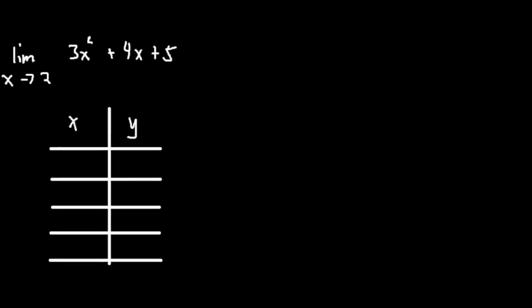Anyways, in our x column here, we need to pick values less than and greater than 2, and let us list them in ascending order. Ano bang numbers less than 2? We can use 1, 0. So for now, let us use 0 and 1.